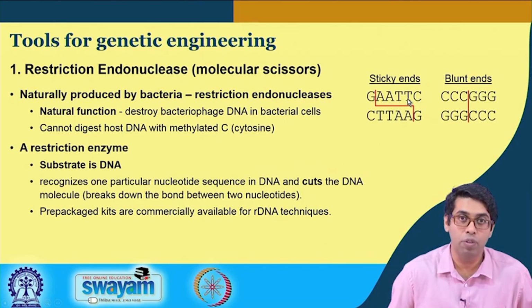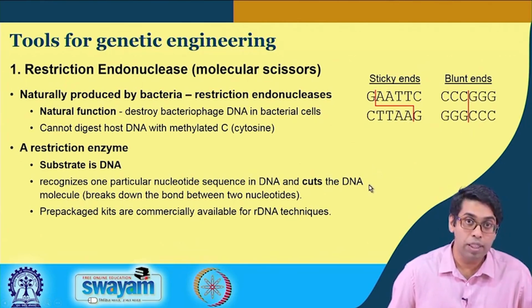Those are the overhangs, and they can easily go back and form hydrogen bonds, but there will be no phosphodiester linkage here, which means there will be no covalent bond. So, they can easily come off again. This type of endonuclease will leave a sticky end, and this type will not leave any sticky end.